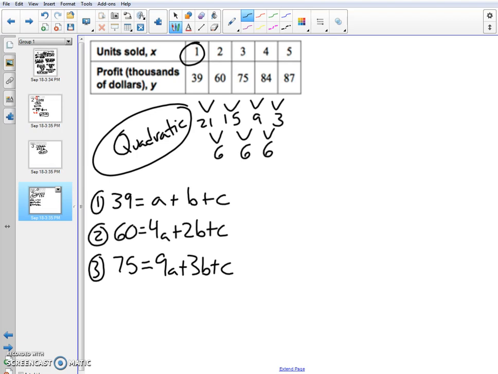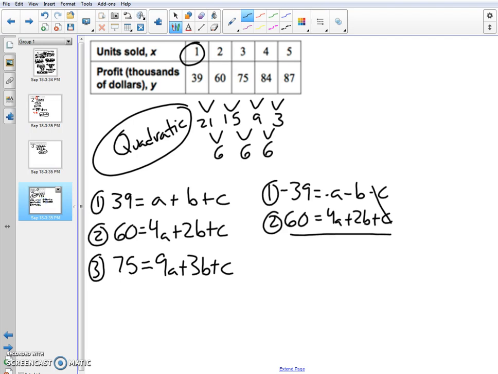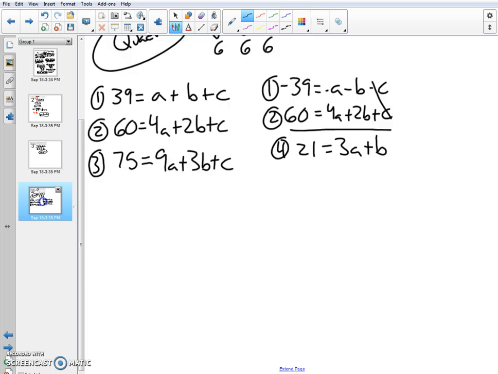So I'm going to eliminate c first. So I'm going to pick equations 1 and 2. Equation 1, I'm going to multiply everything by a -1. So that leaves me with 21 equals 3a plus b. And this is my equation number 4. So I'm going to do the same thing to find equation number 5.